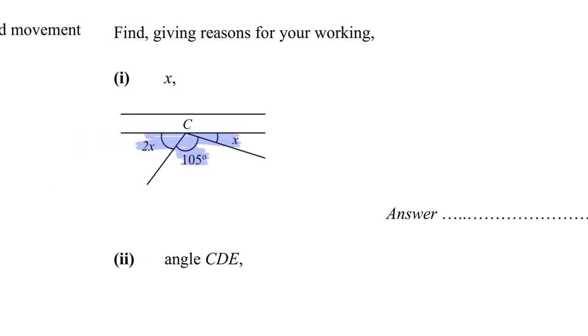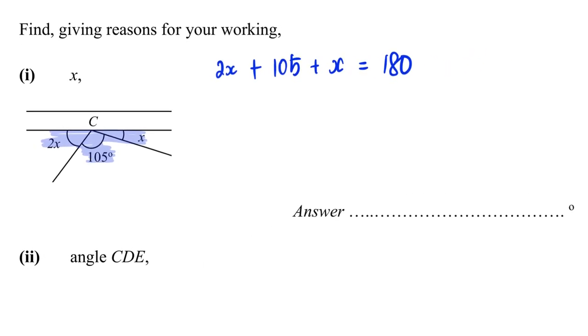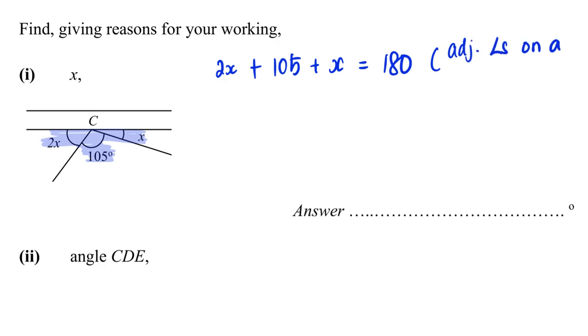Then 2x plus 105 degrees plus x will be equal to 180 degrees because they are adjacent angles on a straight line. So from here, 2x plus x totals 3x.